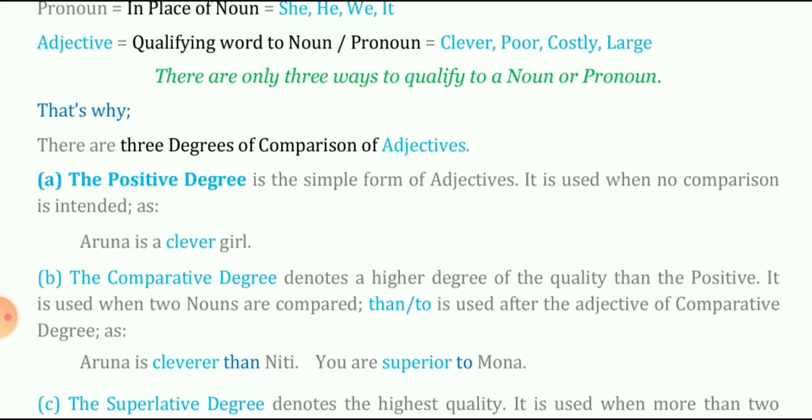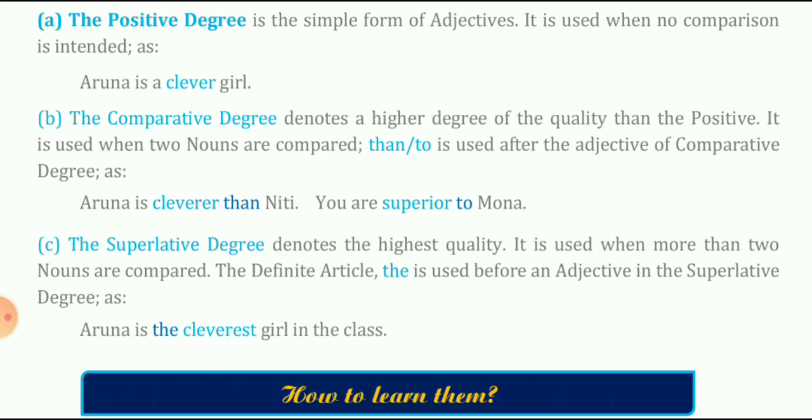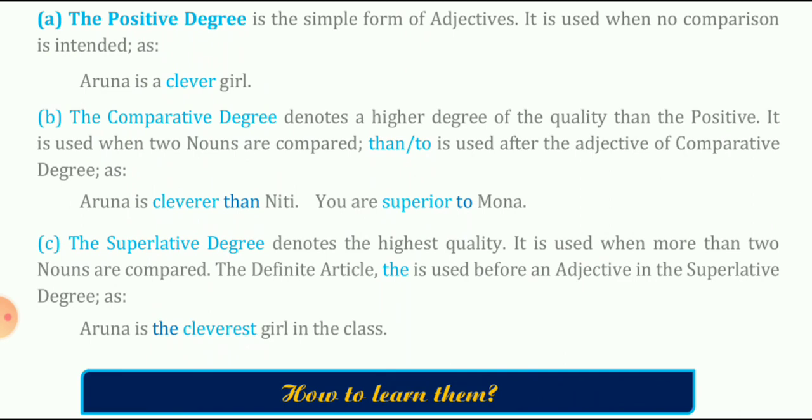First one we can say the positive degree. It is the simple form of adjectives. It is used when no comparison is intended. Means no comparison is made. Like Aruna is a clever girl.